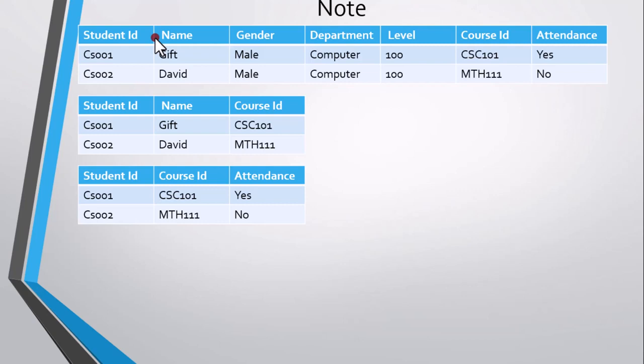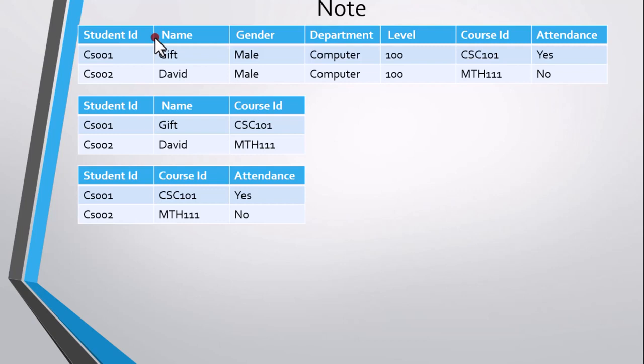Now, in the second table, I could say that student CSC 001 with the name Gift can be referenced to the course ID, which is CSC 101.